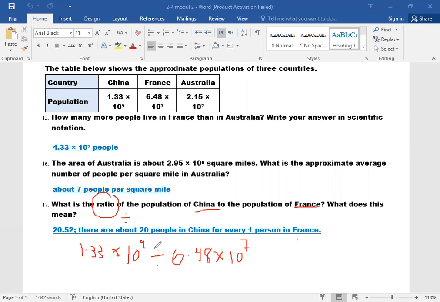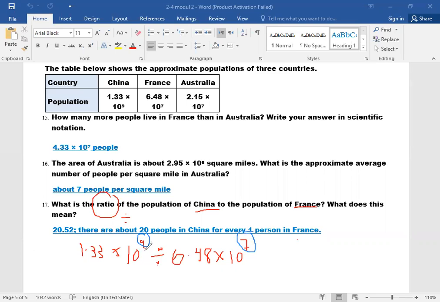In this question, what do you note, my dear students? We note that the first one is 9, the second one is 7, and I want to make my question easy.